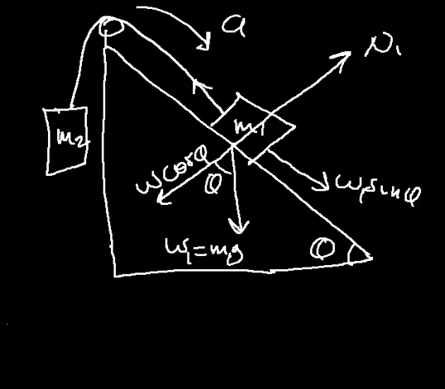So this is the force responsible to pull this object. And this object is pulling on that object with a tension force T1, and this one is exerting the same force, T2. And there is also the weight of object 2, which is W2.